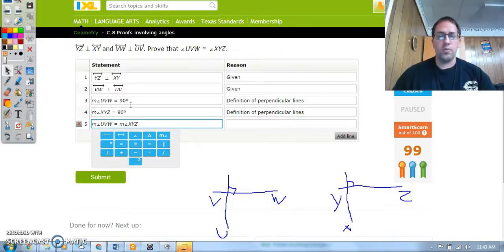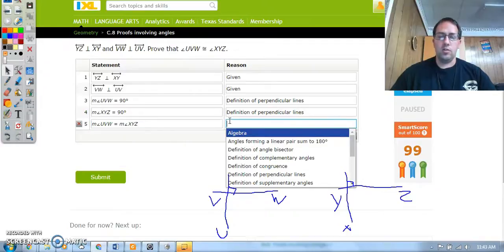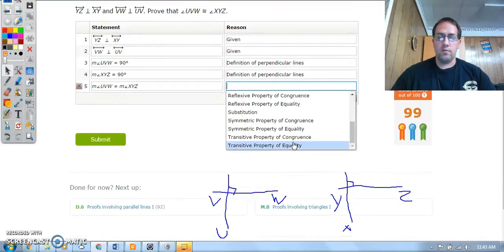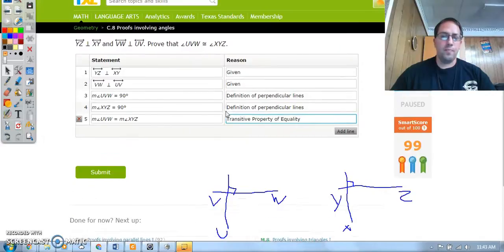How do you know this? What property or theorem or postulate describes that? Well, as we've seen lots of times, if you have two items that are equal to that third item, those first two things must equal each other. That is the transitive property of equality. We're not saying anything's congruent yet, so this is equality.